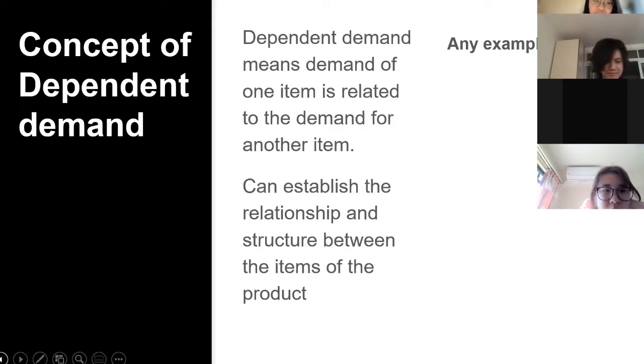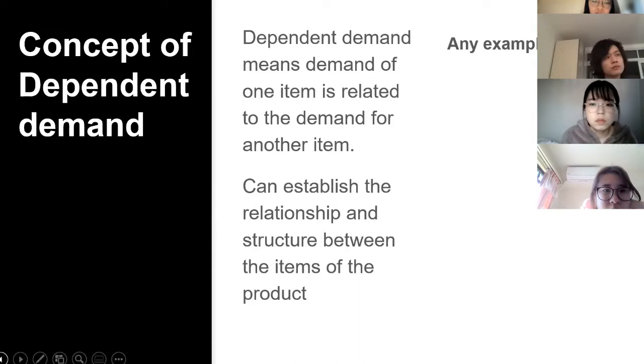Okay. What about, for example, making computers? What are the items which are dependent on the final product? Think like this. The final product, or the final assembly, consists of many items.